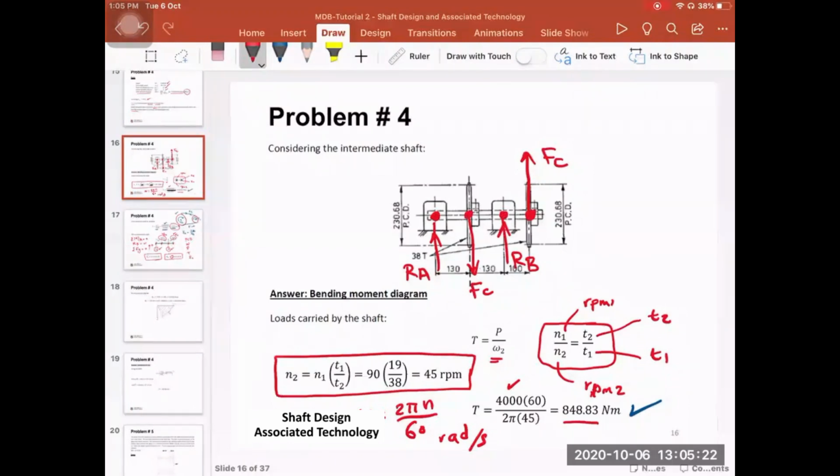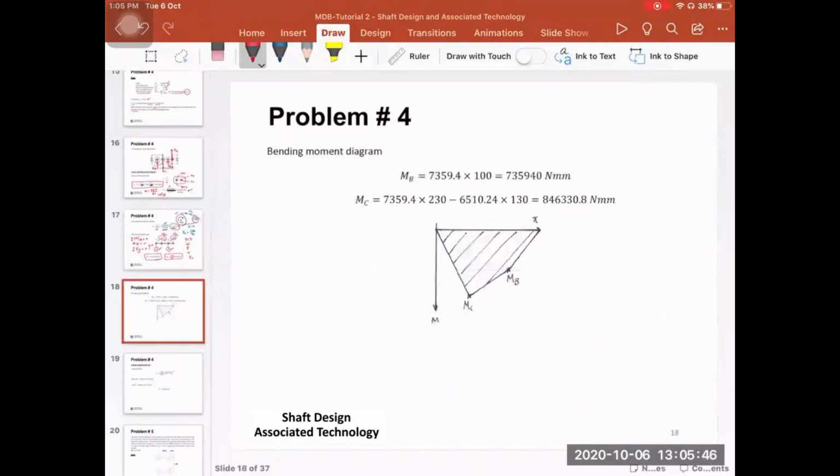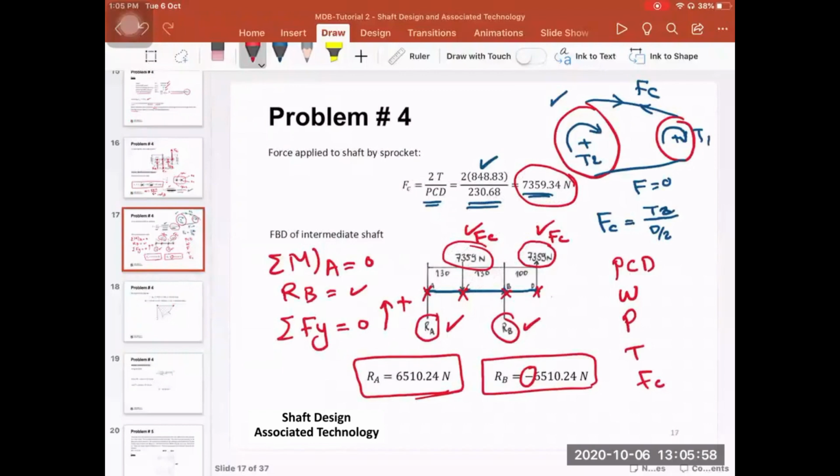Maybe you didn't see these designations probably. So going back here, this point has 0 bending moment, this point has 0 bending moment. So in this case, we are going to calculate the bending moment at points B and C.